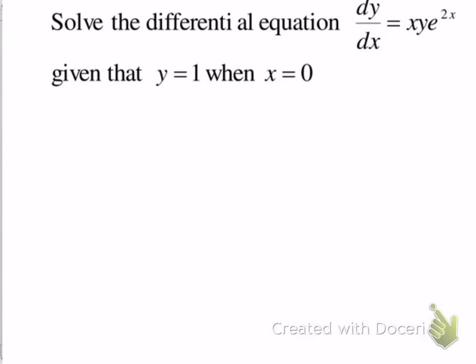Right, so rearranging this, again we can bring the y over, so we can say the integral of 1 over y dy is equal to, and we're left with the x and the e to the 2x, the integral of x e to the 2x with respect to x.